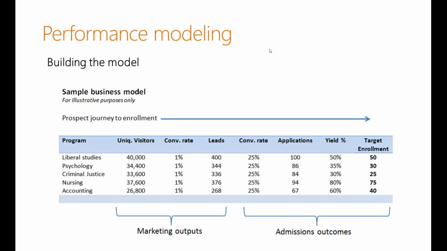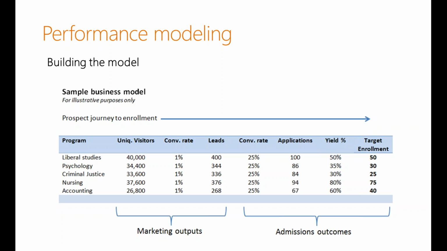And you have historical data to help fill in yield and conversion rates from the time that someone starts an application to completing it, as well as the conversion rate of people who inquire, people who call. I'm sure roughly 1 out of 5 folks who call tend to complete an application.